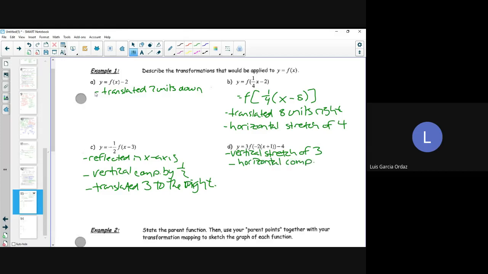What does the negative stand for? Reflection in the y. What else? Down 4. And what's the last one? Translated to the left. Yep.